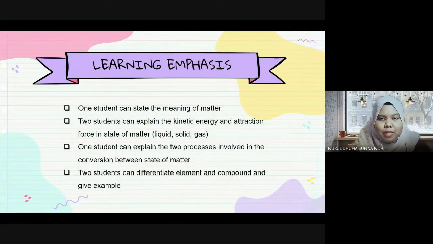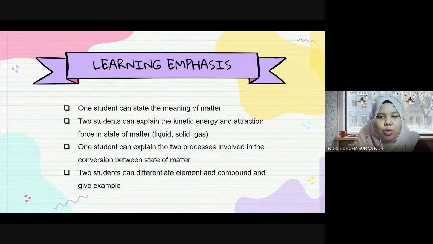While for learning emphasis, at the end of the lesson, one student can state the meaning of matter, two students can explain the kinetic energy and attraction force of matter, which is liquid, solid, or gas. One student can explain the two processes involved in the conversion between states of matter, and at least two students can differentiate element and compound and give examples.